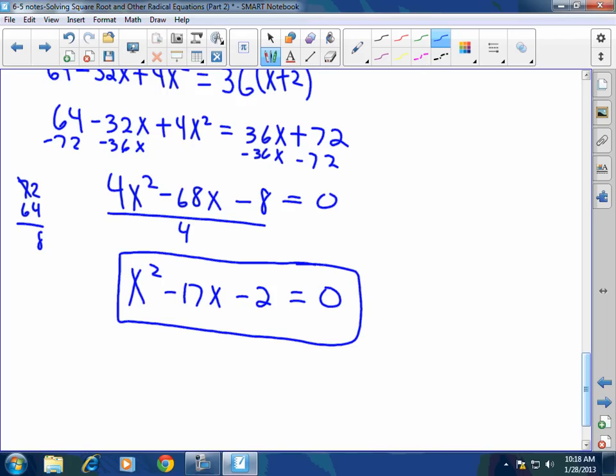And then at that point, I promise you, you will be able to find the solutions here. But for this step in the game, for right now, if you get to an unfactorable answer, something that you cannot factor, I promise you that will be the correct answer for us as of now.